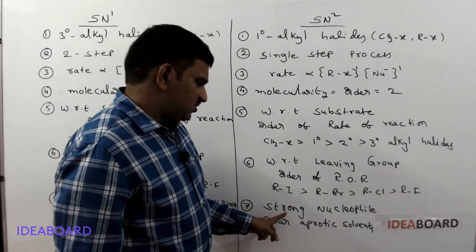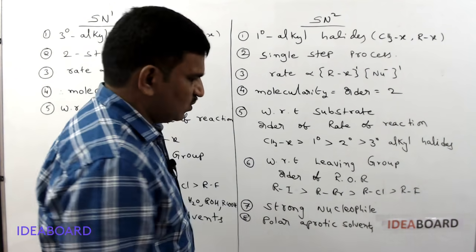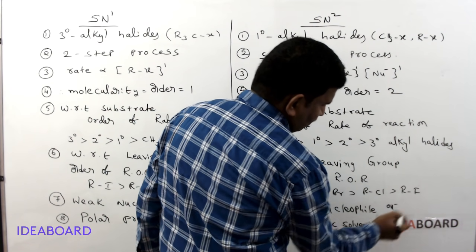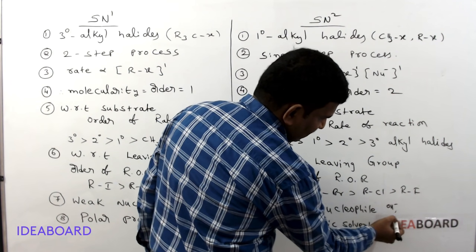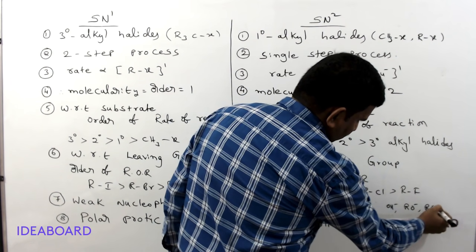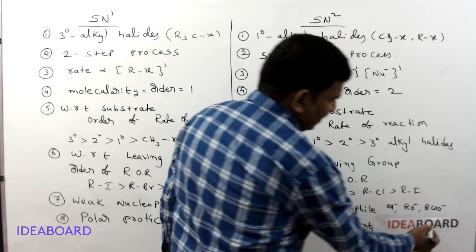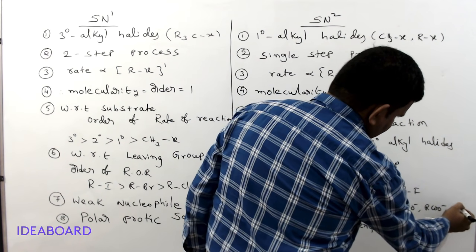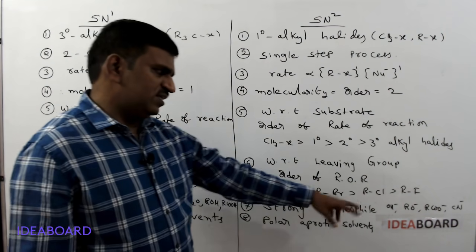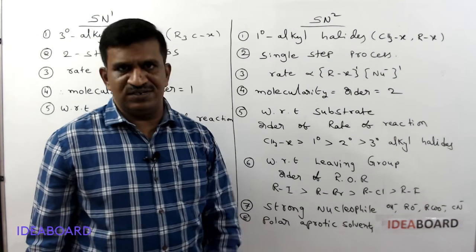And for SN2, strong nucleophiles are used. Strong nucleophiles are generally negatively charged nucleophiles: OH minus, RO minus, RCOO minus, CN minus, SH minus, NH2 minus. They are strong nucleophiles.